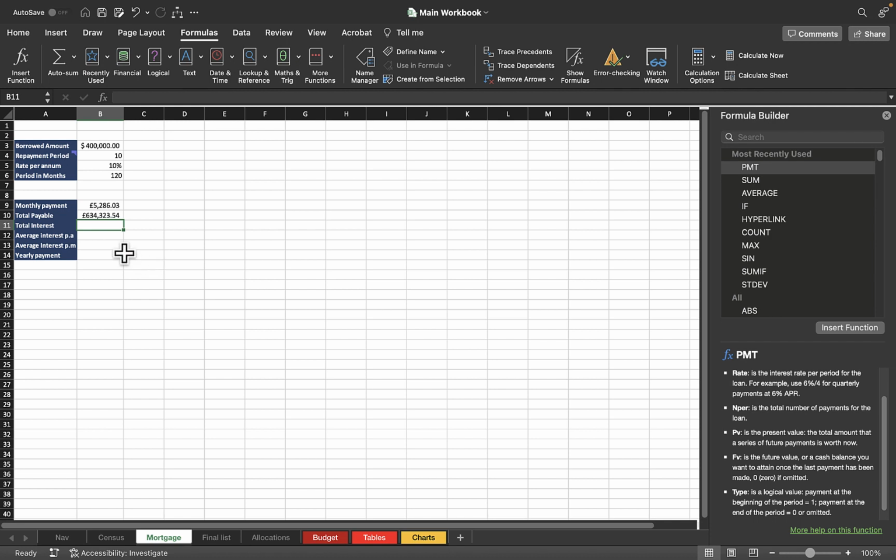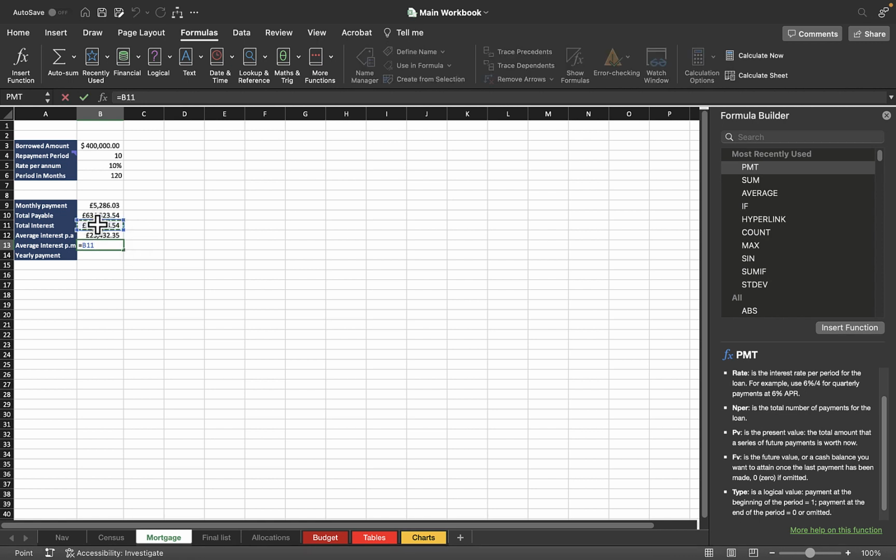The total interest is equal to what you're paying minus what you borrowed. Wow, such a huge amount. Then the average interest per annum is equal to the total interest divided by the total number of years. That's 23,000 per annum.